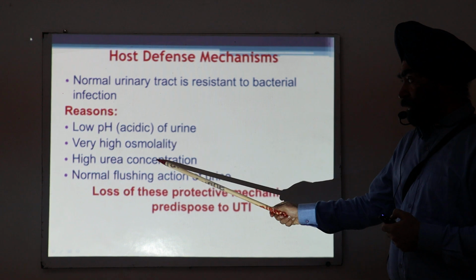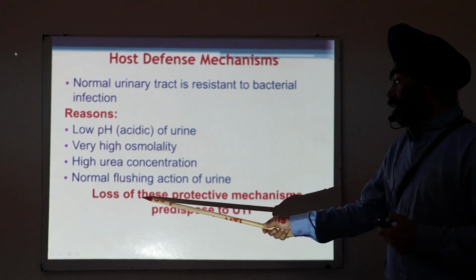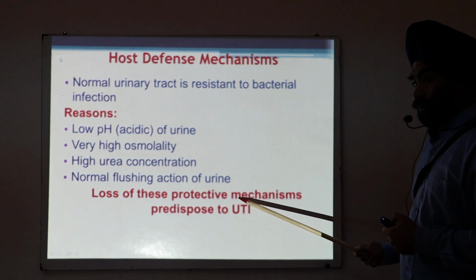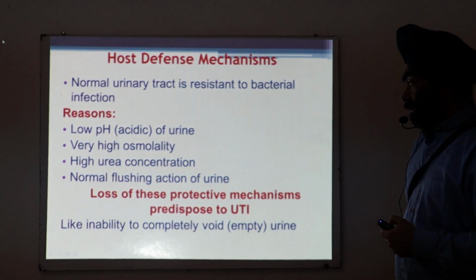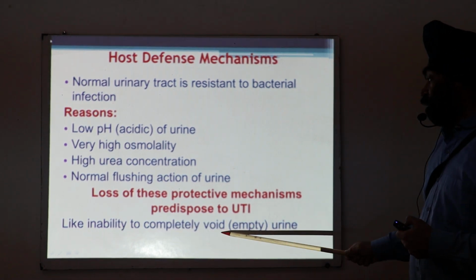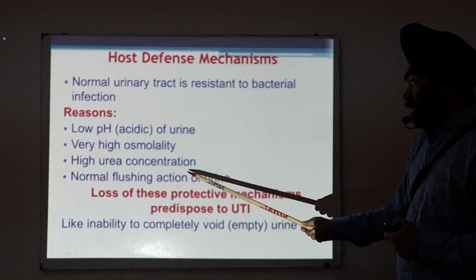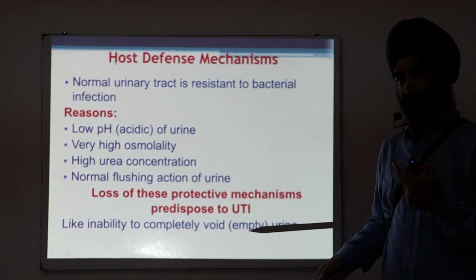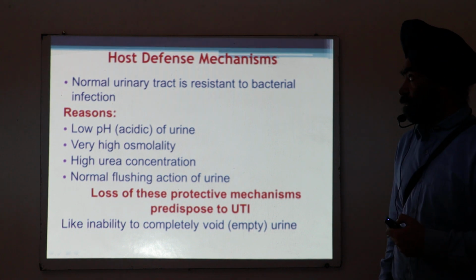Loss of these protective mechanisms may predispose to UTI. For example, inability to completely void or empty: if the normal flushing action is not there, urine is retained in the urinary tract, and there are more chances of infection.